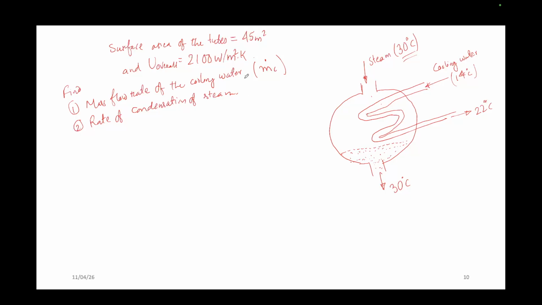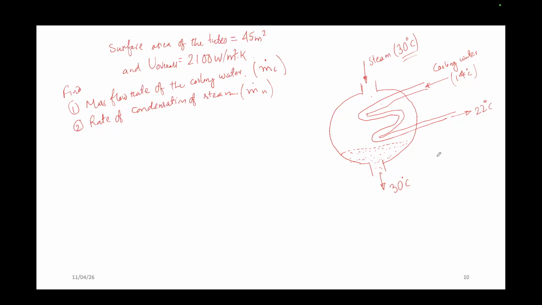Any confusion? So what should be the cp value of water? No, the 1.0 you are talking about is most probably density, not the specific heat of water. It is 4200.